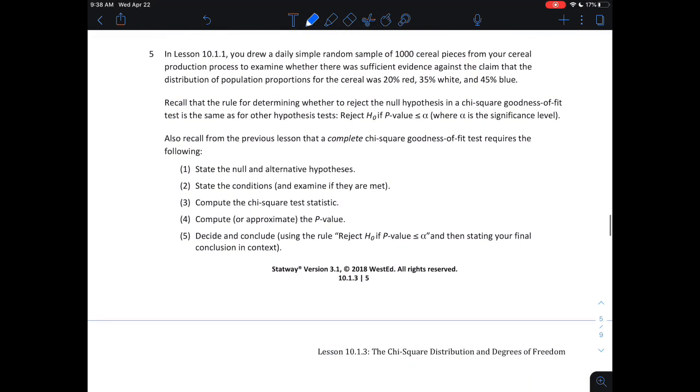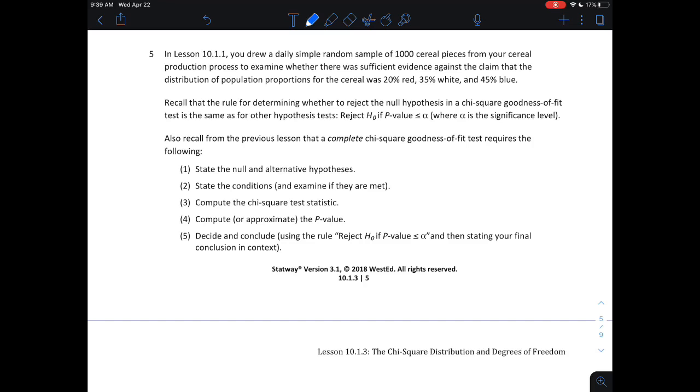Number 5. In lesson 10.1.1, you drew a daily simple random sample of 1,000 cereal pieces from your cereal production process to examine whether there was sufficient evidence against the claim that the distribution of population proportions for the cereal was 20% red, 35% white, and 45% blue.